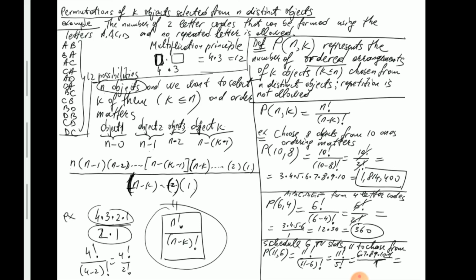I don't want to move to the second page for this, which is why I squeeze it in this corner. If you use the calculator, this should be 332,640. So that's how many possibilities there are for scheduling these TV slots.